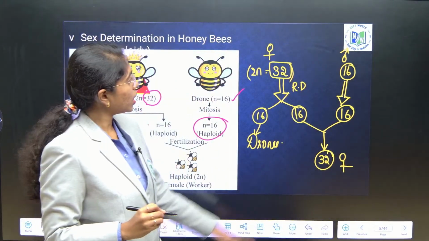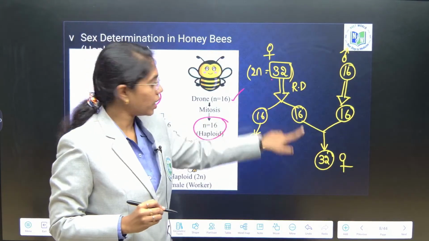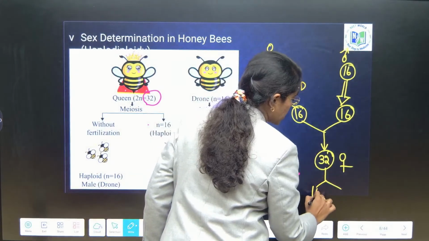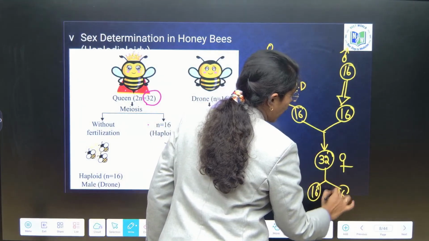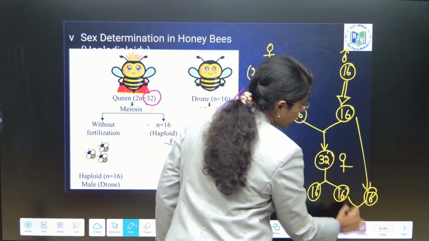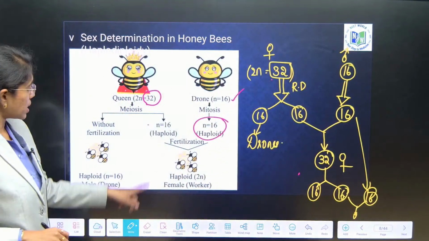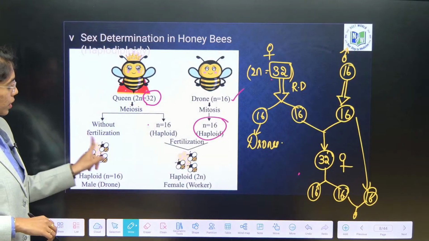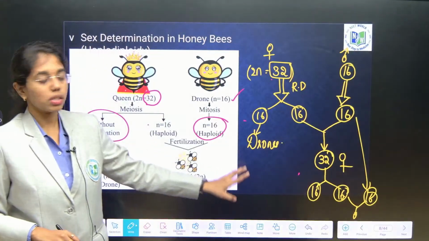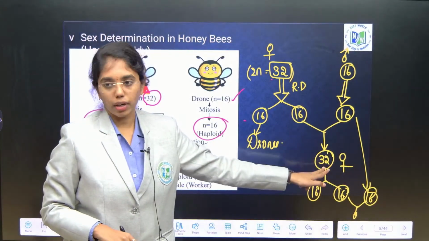So, here if you see in this generation you can see females, and in this generation. This again undergoes meiosis, forming 16, again here male chromosomes, gametic fusion will result in females. So, males are produced without fertilization, yes or no? Without fertilization. Females are with gametic fusion or fertilization.